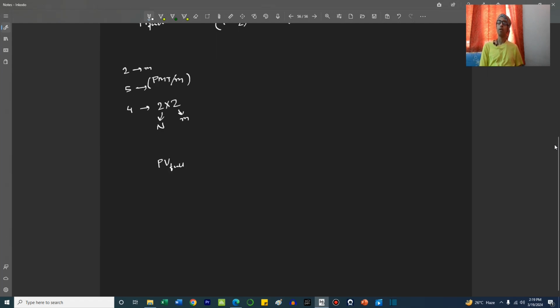PV full is equal to PMT by M divided by 1 plus R by M to the power 1 minus t by T, plus PMT by M by 1 plus R by M to the power 2 minus t by T, plus dot dot dot.